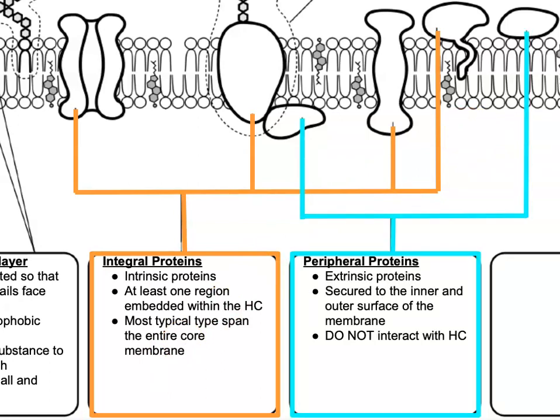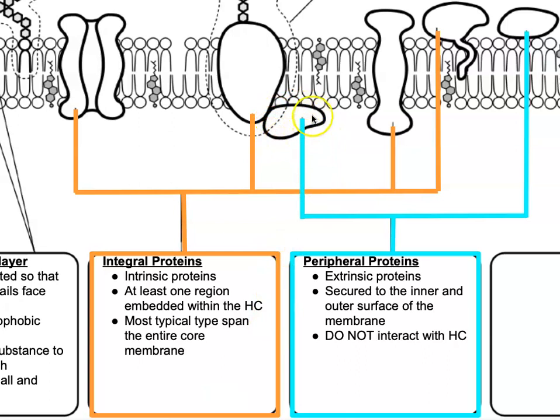The second category of proteins are peripheral proteins. These are also known as extrinsic proteins. These are proteins that lie on and are secured to the inner or the outer surface of the membrane.